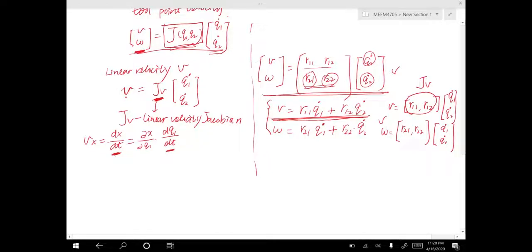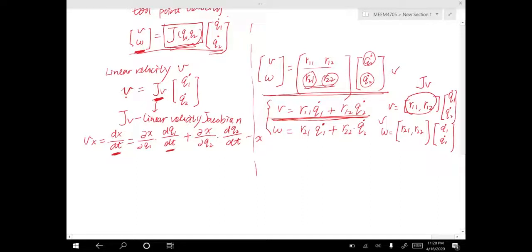Sorry, this is the end effector's velocity. And plus dx over dq2 times dq2 over dt. Okay, so this is in the x-axis.